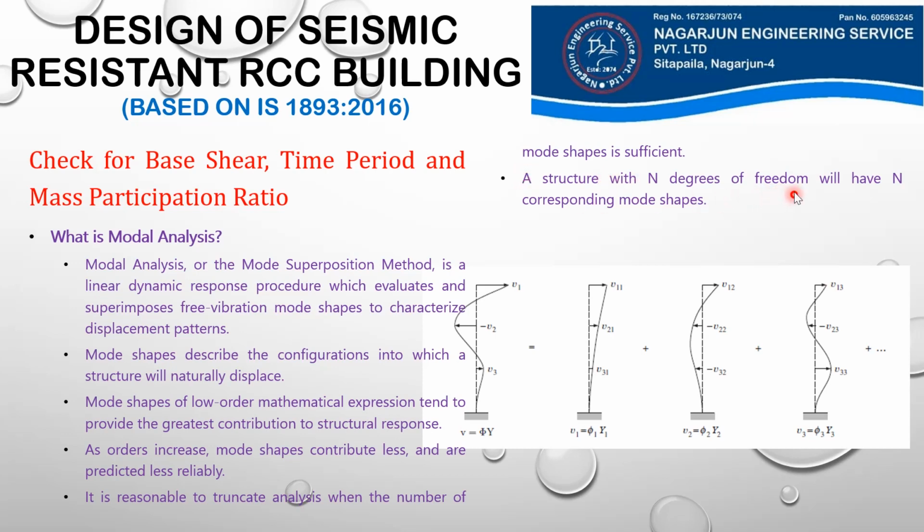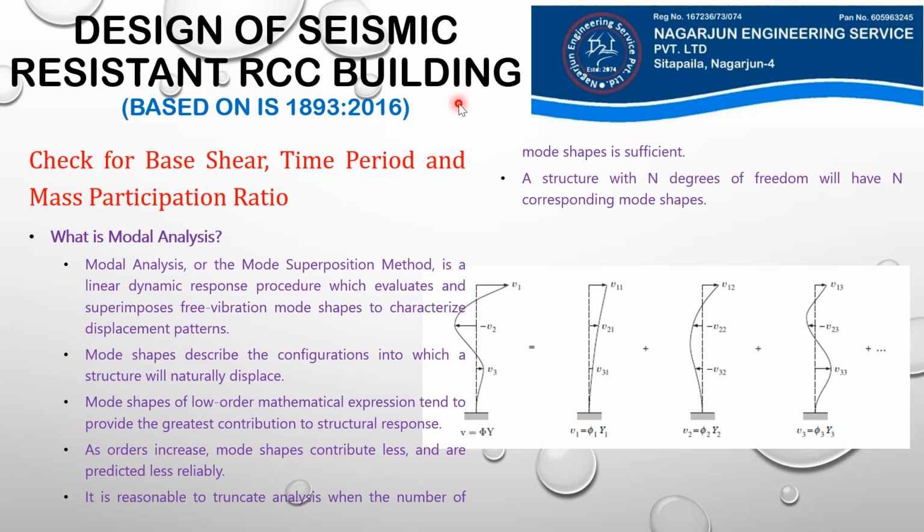A structure with n degrees of freedom will have n corresponding mode shapes. If you remember, our building is a three-story building. We have 3 floor slabs, and each floor slab has 3 degrees of freedom.